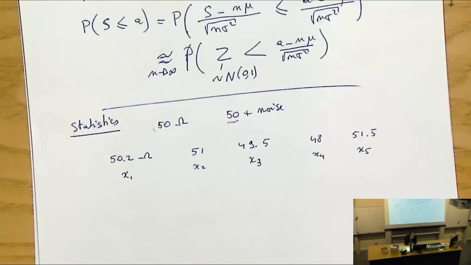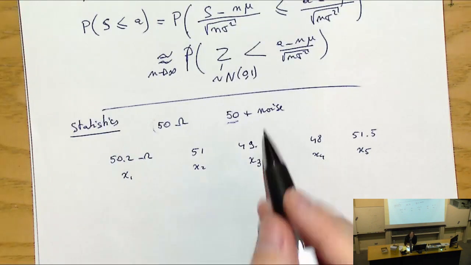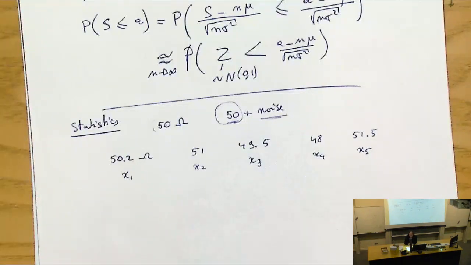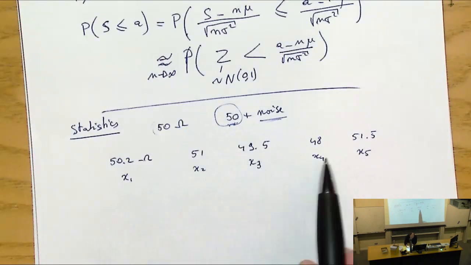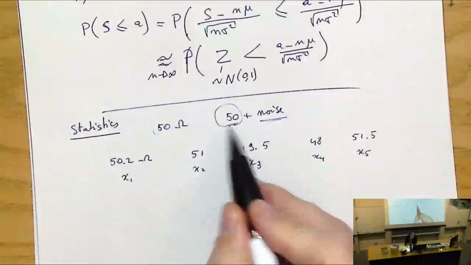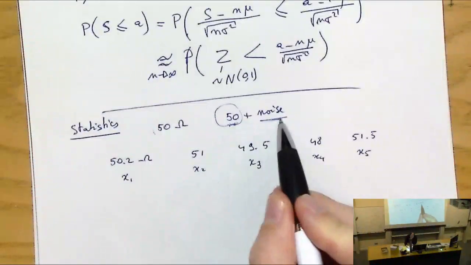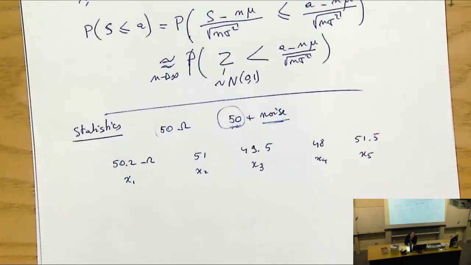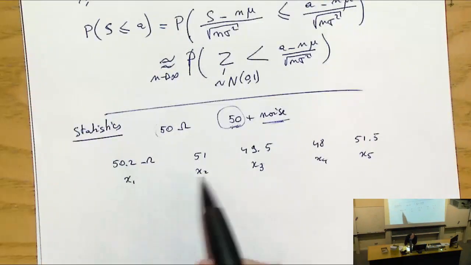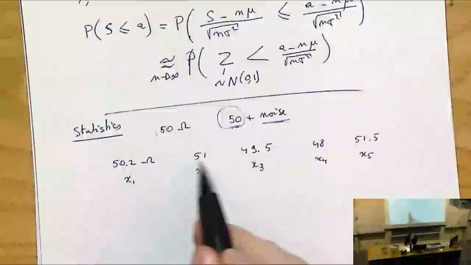So what we do in statistics, as I explained earlier at the very beginning of this course, is try to infer something about data that is now being corrupted by this noise. I don't actually know its value 50, but what I measure is 5 different values of the sum of something I'm interested in and some noise. Before doing the measurement, we don't know exactly what realization we're going to get.